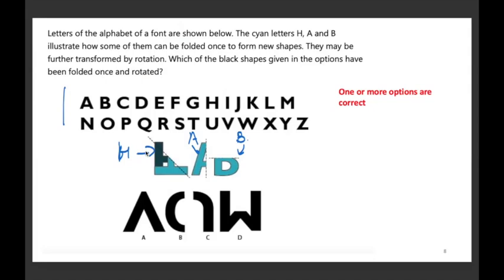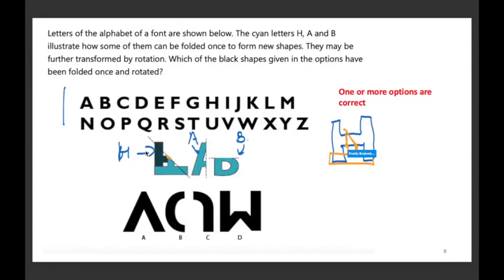The H part, in actual we write H like this. When I fold this H along this axis, like how we see here, this part of the H will come down like this.